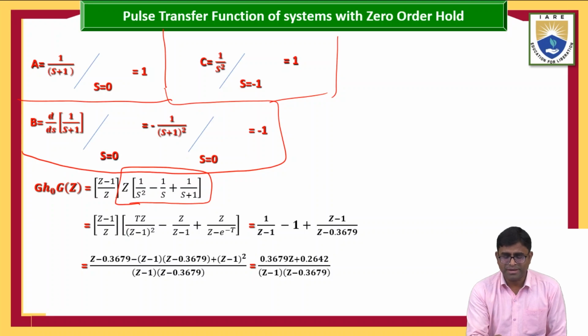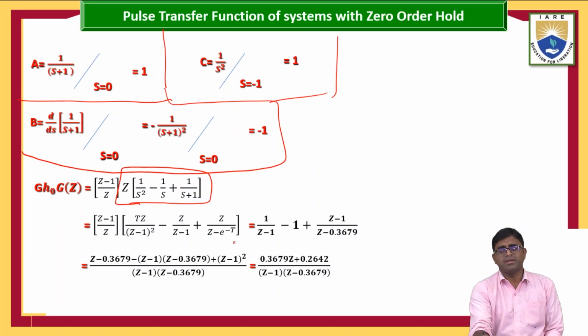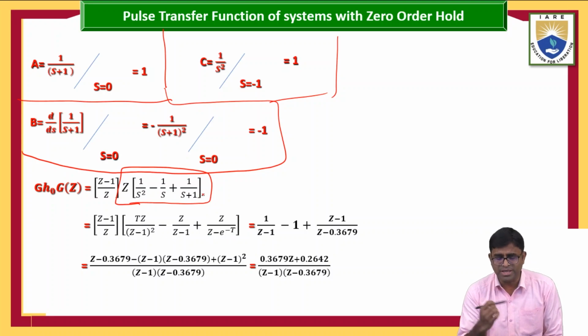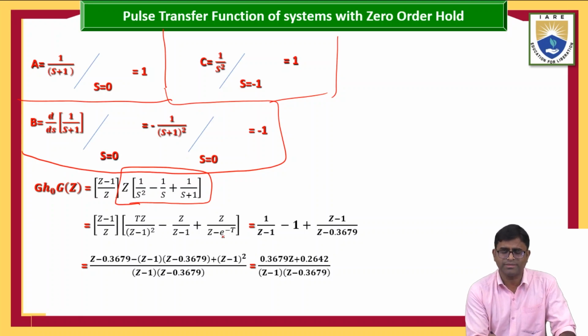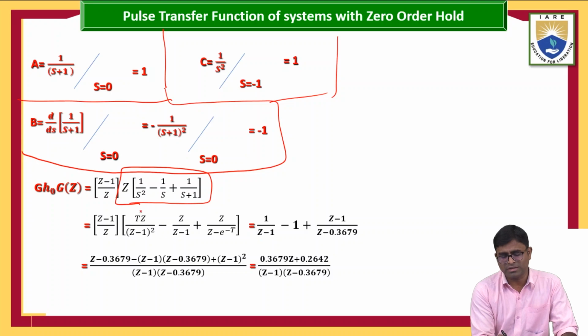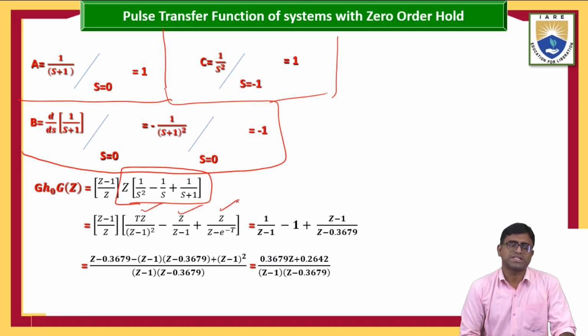After that, what is the last one? 1 by s plus 1, that is nothing but z by z minus 1 into e power of minus t. Here plus 1, so it is getting minus t. These three are the previous standard formulas.